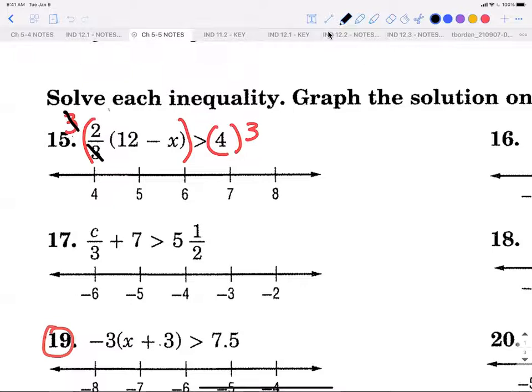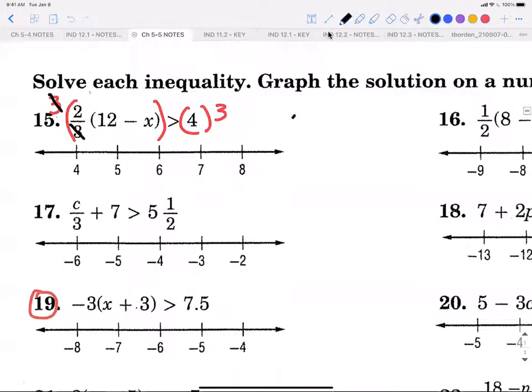The 3 and the 3 cancel out on the left, but look what doesn't cancel out, the 2. So don't lose that 2. It still stays out there. And 4 times 3 is 12. And now you still have to distribute, but it makes the problem a little bit easier to work.